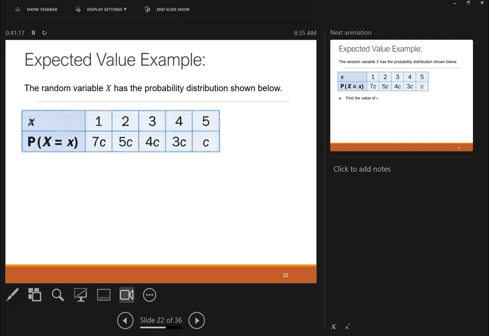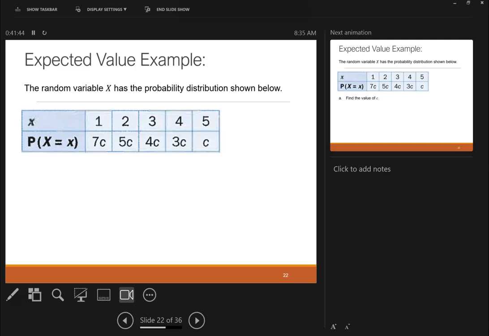All right. Let's look at another type of problem here. It says for the random variable x, we have the probability distribution shown below. We want to solve for the value of c. How do I do this? The key here is that it's told you that this is a probability distribution.